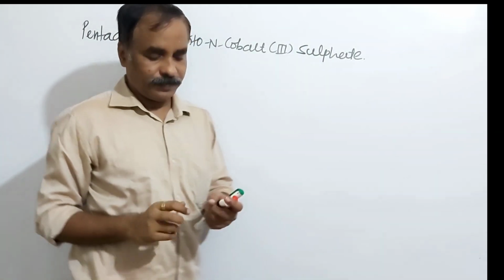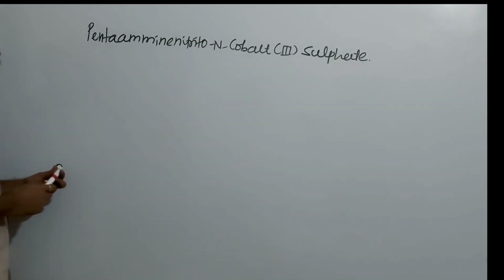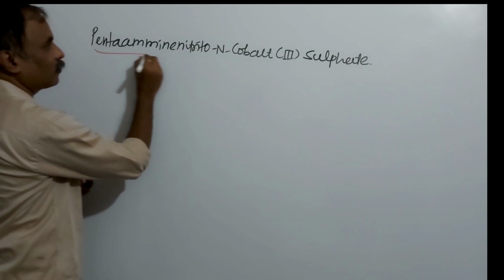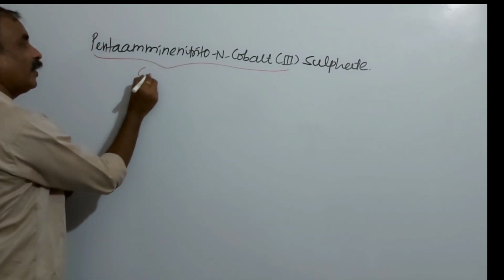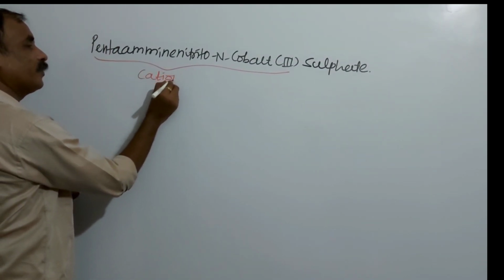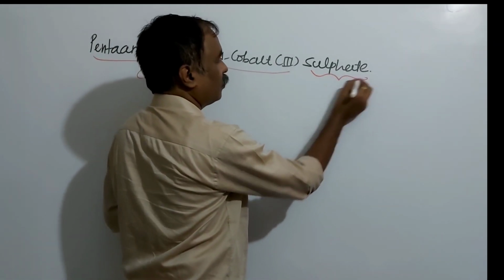Type of complex: here this is the complex part. So it is a cationic complex and sulfate is the anion. This is the anion.